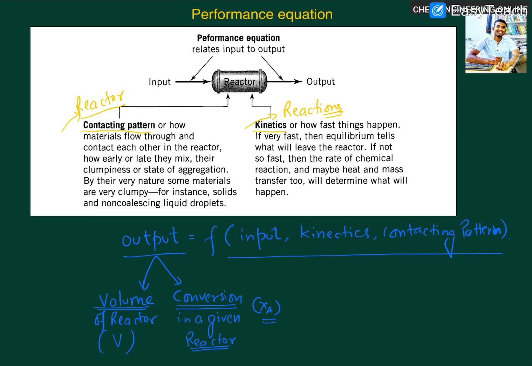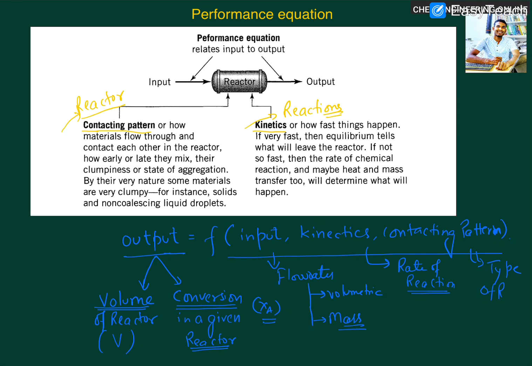So first, input means flow rates of reactants. This is flow rates. It can be volumetric flow rate, it can be mass flow rate. So this is the input to the reactor. Kinetics is associated with rate of reaction. So as I already discussed, that kinetics is related to the reaction and contacting pattern is related to the type of reactor.